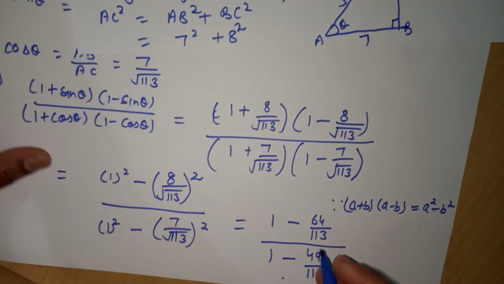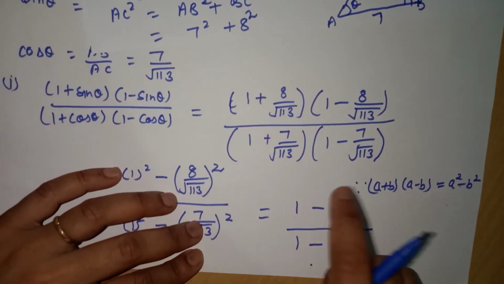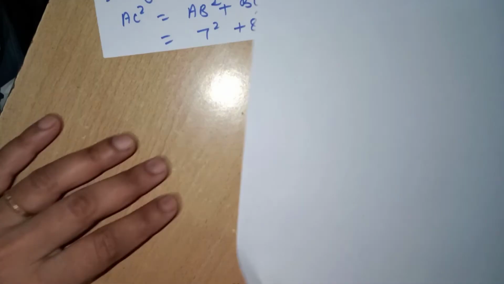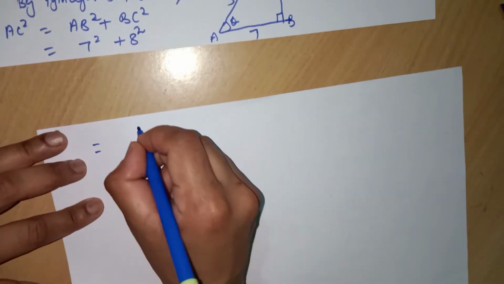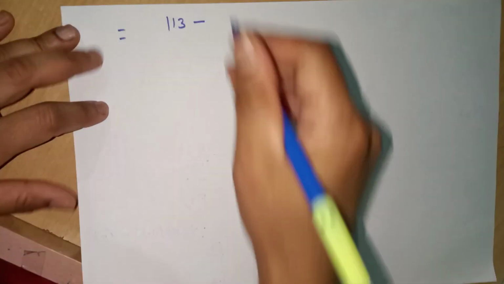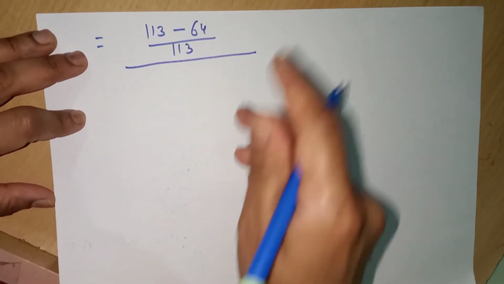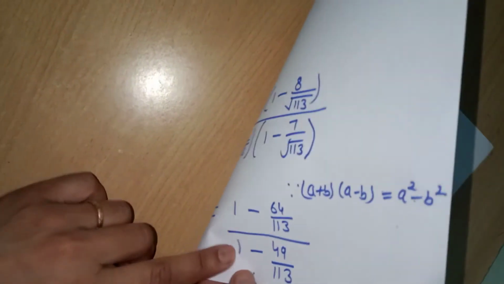Now we have to solve this. Take the LCM in the numerator and the denominator. It will be equal to 113 minus 64 upon 113. I hope you know how to take the LCM.